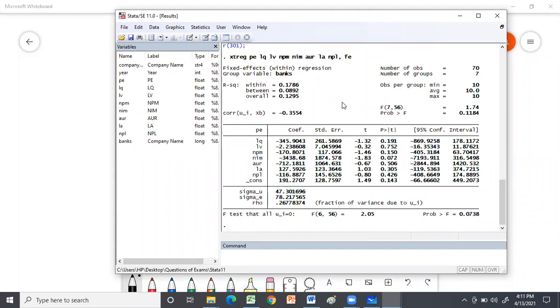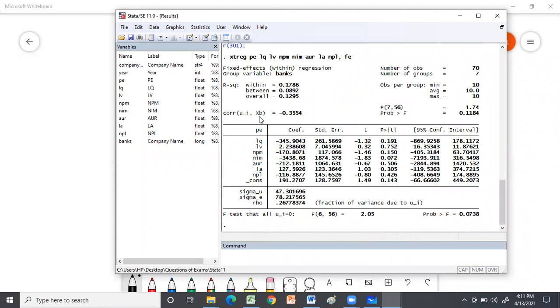And you can see the correlation between u_i and Xb. This is the second assumption that I was discussing. It means inside the entity there are some factors which are not observable, which is known as the error term inside the entity or inside the organization.